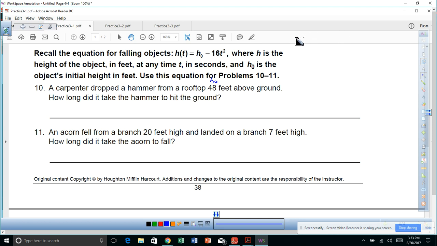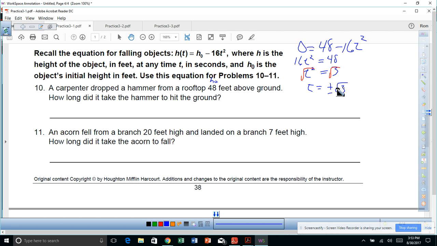So we have the ground, that's where it ended up, so that's going to be 0 equals 48 minus 16t squared. All right. I'm going to add 16t squared to both sides, equals 48. And then I'll divide both sides by 16. I get t squared equals 3. Well, let's take the square root of both sides. And we get t equals plus or minus the square root of 3.